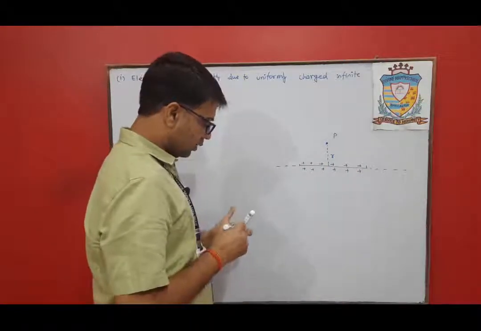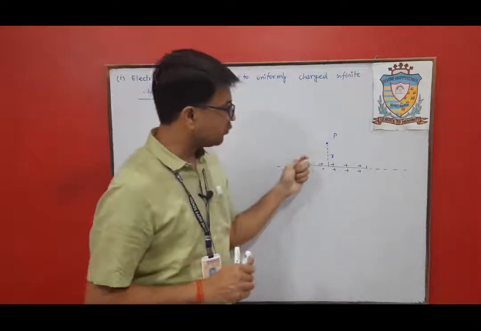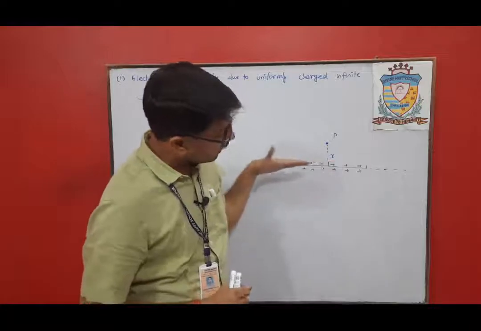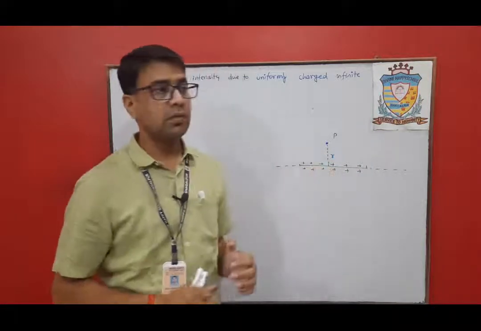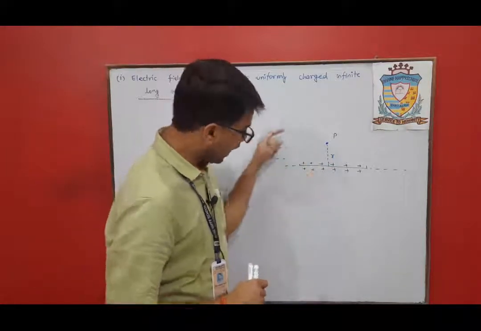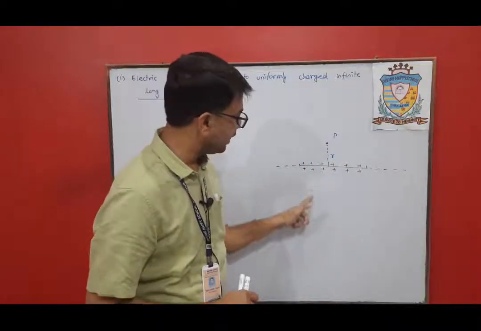For that purpose we have to draw a Gaussian surface. If this is the line charge, here the charge is in a line, so the Gaussian surface must be a cylindrical surface. The reason being, as you can see, these are the directions of electric field intensity.